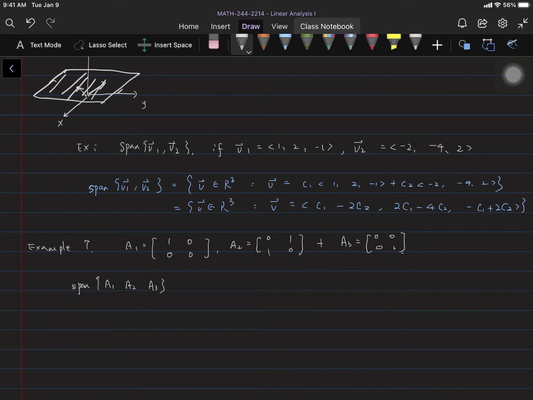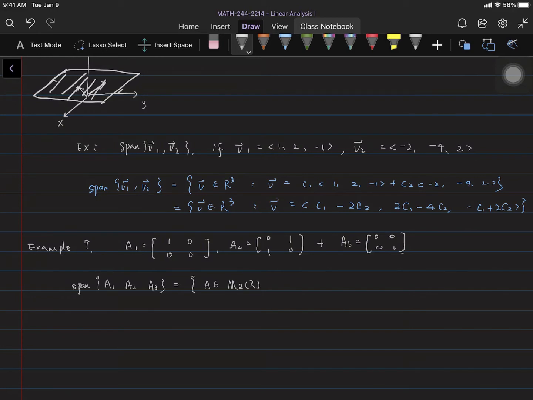Similar to the previous two examples, we write this down as a linear combination. Any vector in the spanning set belongs to M2R, similar to R3 and R2. Here they are all 2 by 2 matrices, so we write it this way.